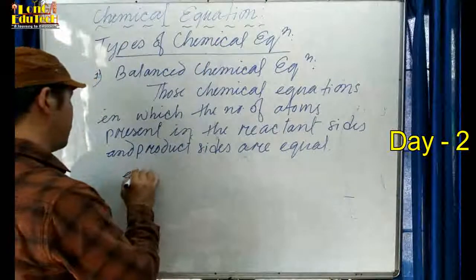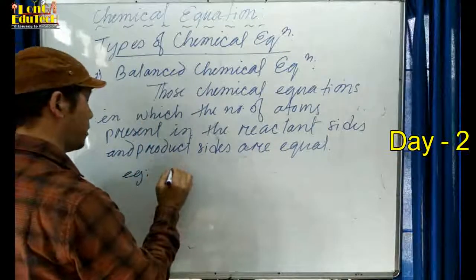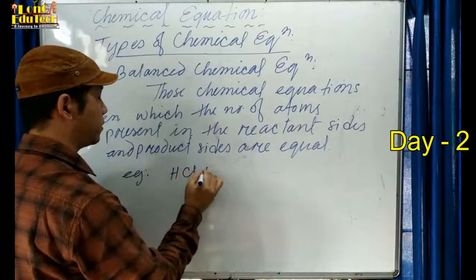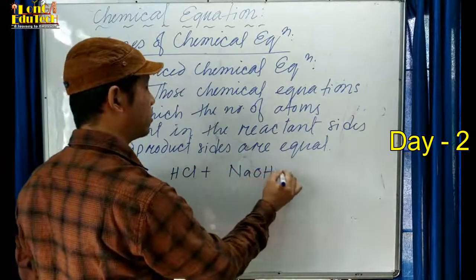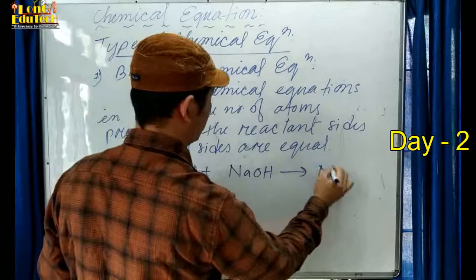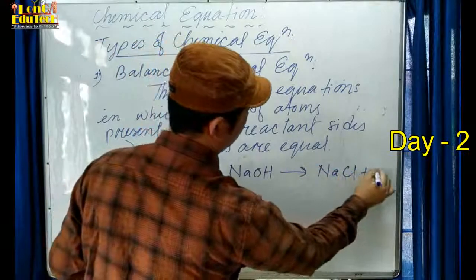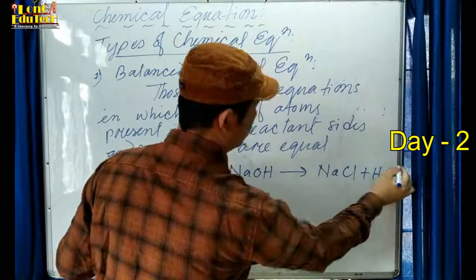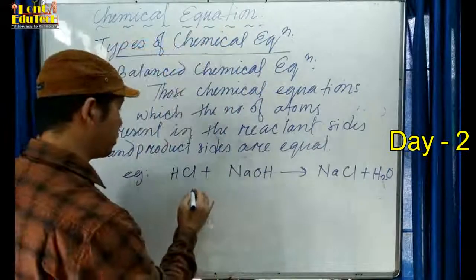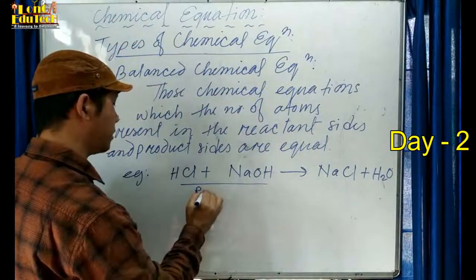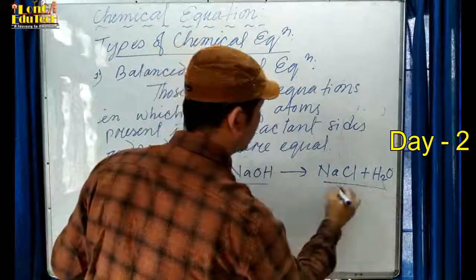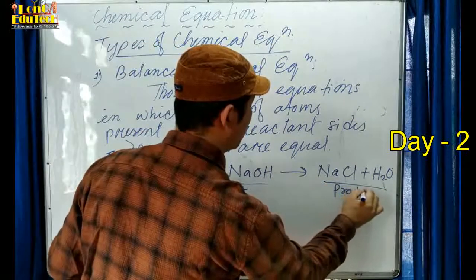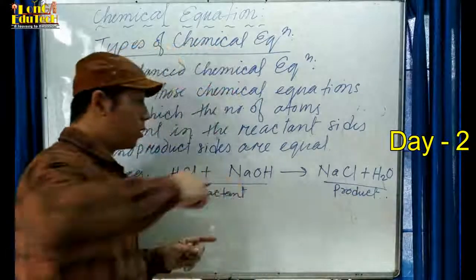For example, hydrochloric acid reacts with sodium hydroxide to form sodium chloride plus H2O. These are called reactants, and the substances newly formed are called the products.